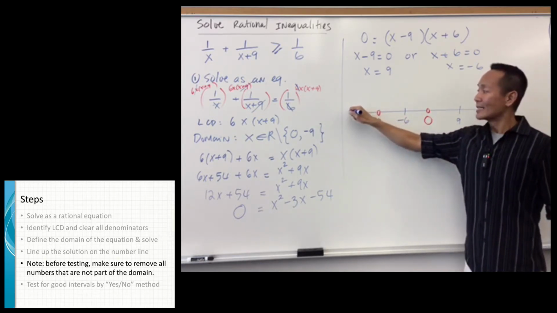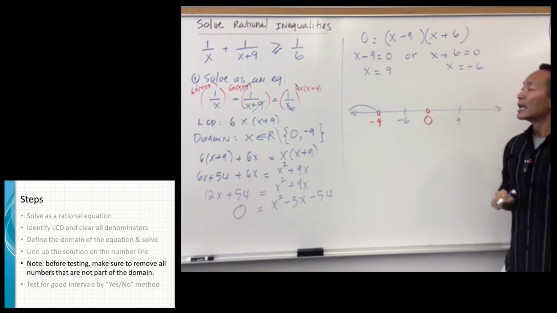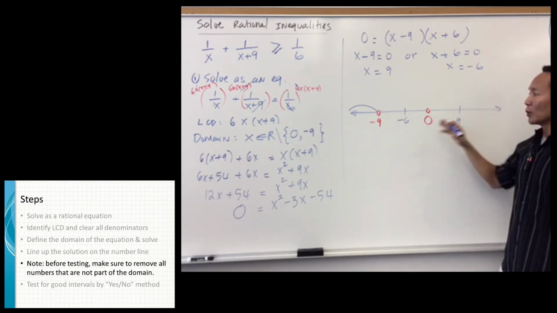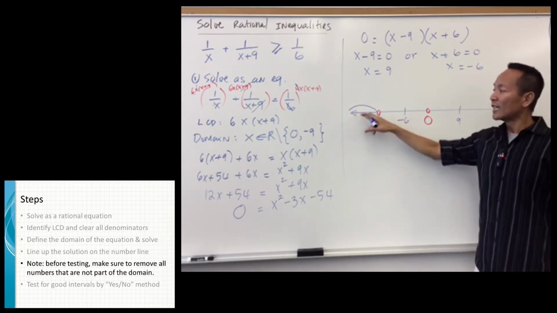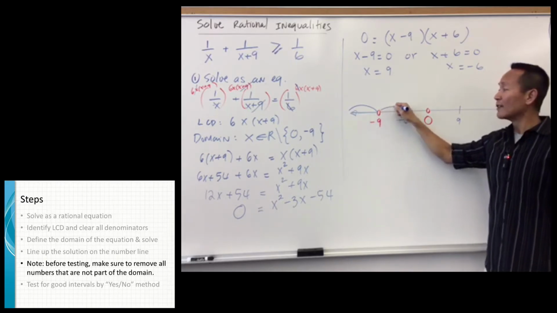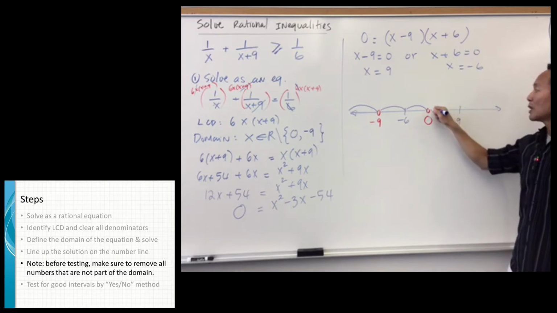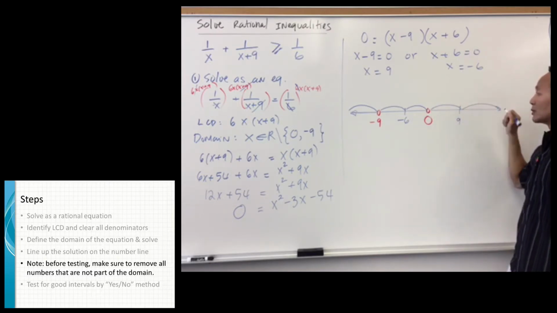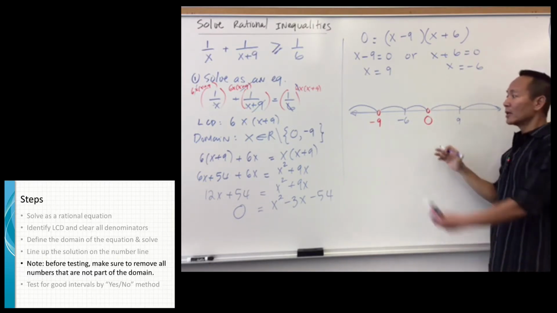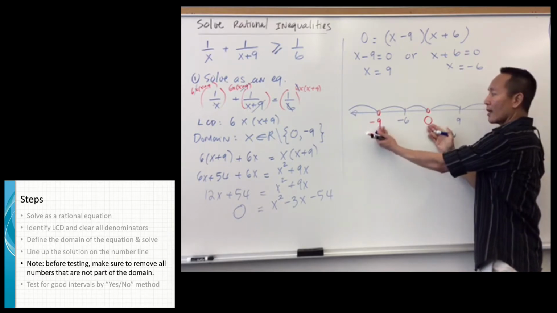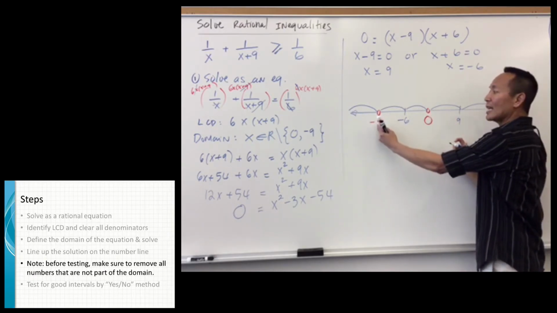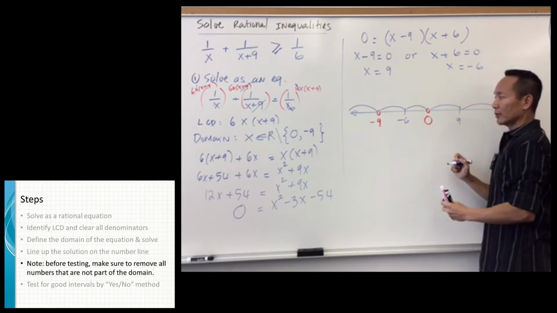So we have these numbers on the number line. They divide the number line into intervals: from negative infinity to negative 9, from negative 9 to negative 6, from negative 6 to 0, 0 to 9, and 9 to infinity. But please remember, the removed numbers are no longer there. There are holes around them, meaning the numbers had been removed.